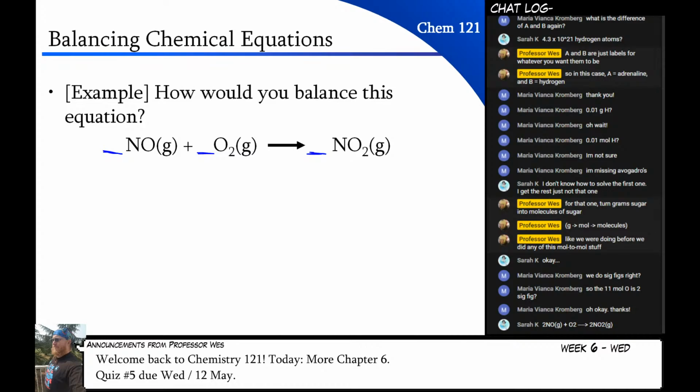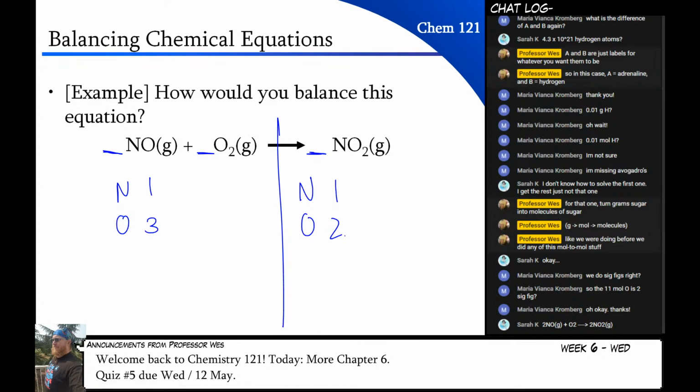All right. Let's see what we can do here. All right, so we only have two elements here, nitrogen and oxygen. And then we're going to count them. So I got one nitrogen, and then I have 1, 2, 3 oxygen. Over here, I have 1 and 2. Now, this reaction kind of forces you to put a number in this spot first.